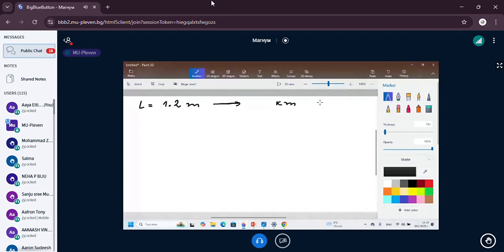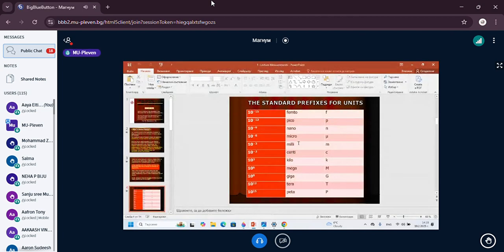Initially, we've got just units to consider. Let us see 1 meter, how to change into kilometer. So looking at the table, kilo is 10 power 3. But those powers, or exponents, whether they are positive or negative, depends on the specific situation.